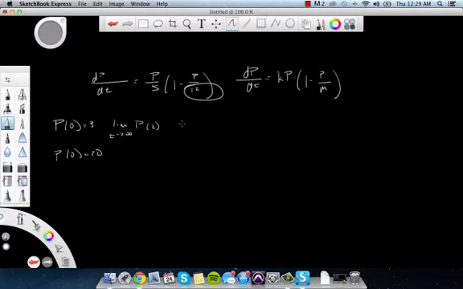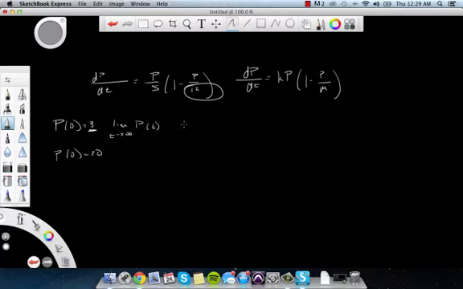So if you kind of think of it simply as time goes on forever, you're going to really approach this carrying capacity regardless of the initial population. So if your initial population is greater than your carrying capacity, then you're going to have a decreasing population, and if your initial population is less than your carrying capacity, it's going to start to grow.